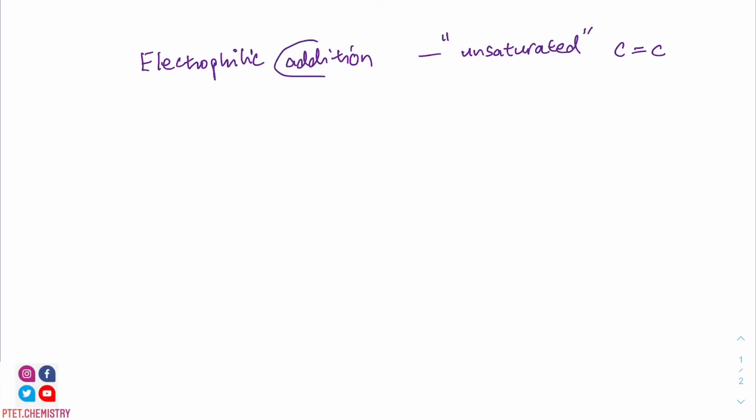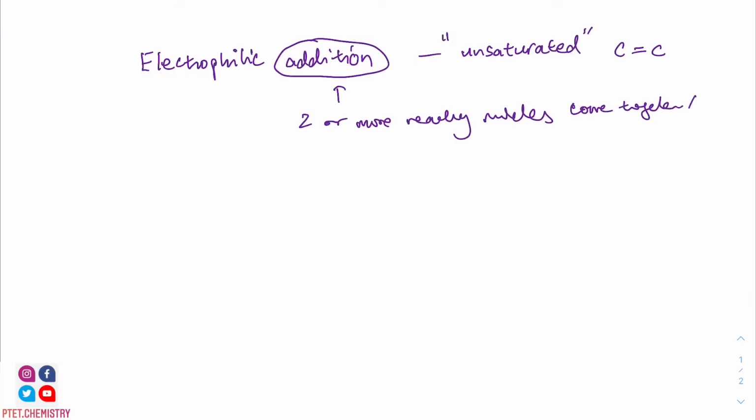Okay, first of all, addition refers to two or more reacting molecules coming together. When I say come together, they join together. Perhaps those are better words, yeah? So two or more reacting molecules that join together. That's the idea of addition.